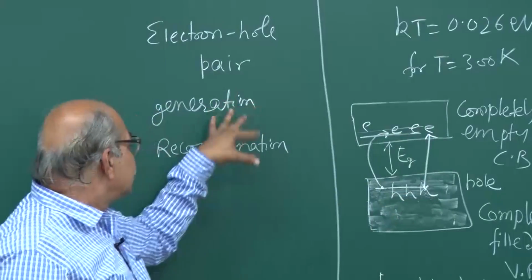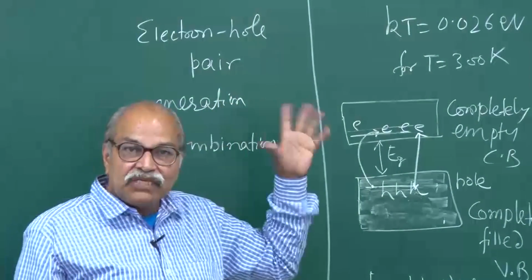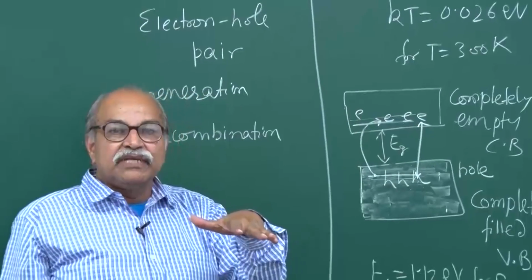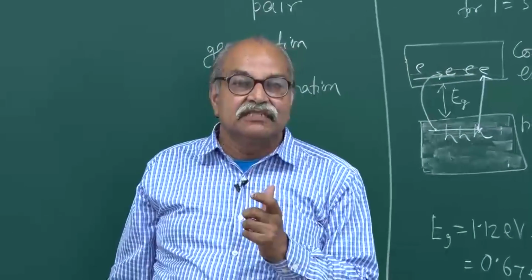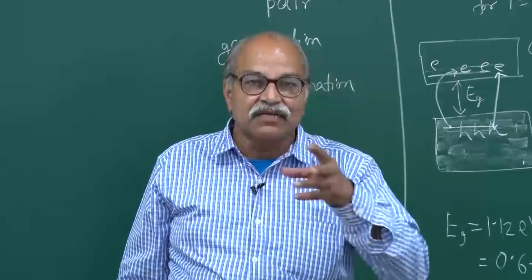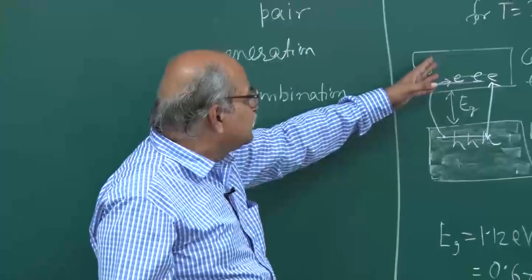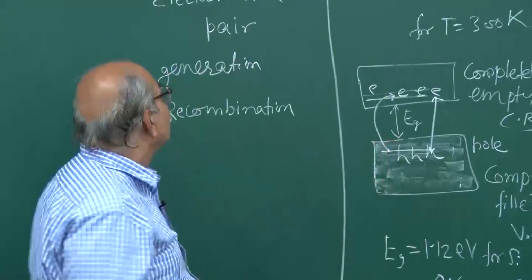So this kind of recombination generation process will go on, and at any given temperature there will be an equilibrium number of electrons and holes per unit volume. So an equilibrium density of these charge carriers, these electrons and these holes.